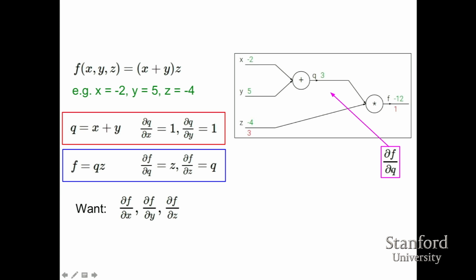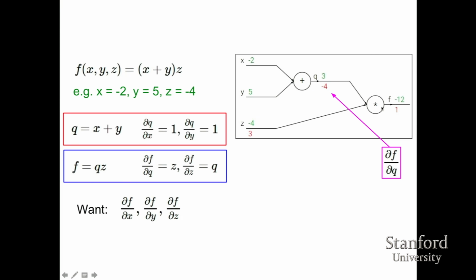Now, df dq is, again, quite simple. We already wrote it right here. It's just z, and z is just minus 4. But now, with the chain rule, we have to multiply, and this is essentially a delta kind of error message. We multiply what we have from the higher node in the circuit, but that's, in this case, just 1. And so the overall is just z times 1, and z is minus 4, so it's minus 4.